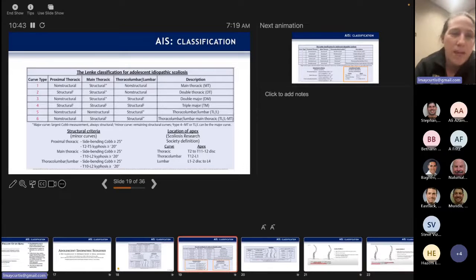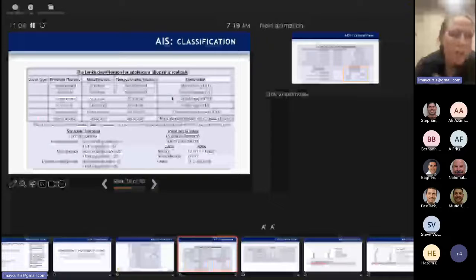And then based on that, you can figure out your curve type, and it's either 1 through 6. Type 1 is a main thoracic curve. Type 2 is a double thoracic curve, so you have a major main thoracic curve and then a minor proximal thoracic curve that's also structural. Type 3 would be a double major curve, so you have a structural main thoracic as well as a structural thoracolumbar or lumbar curve.